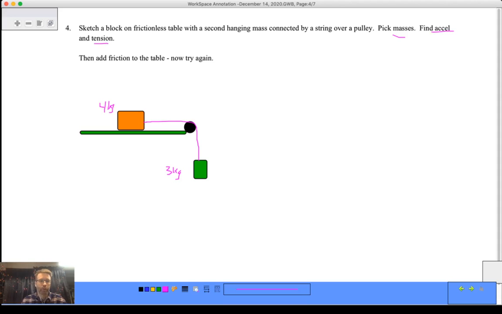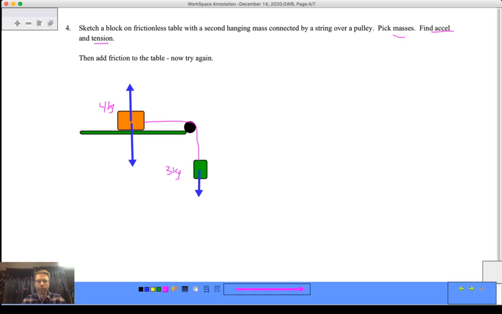All right, same scenario. We need to draw the forces in this picture. Right away, we know we have mg here, and a little bit less long, we have mg here. We also know we have the table balancing with the same thing up here, and there is no friction in the first round. We do have some tension.